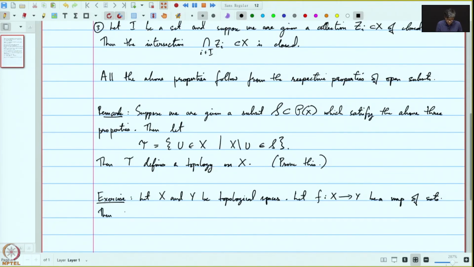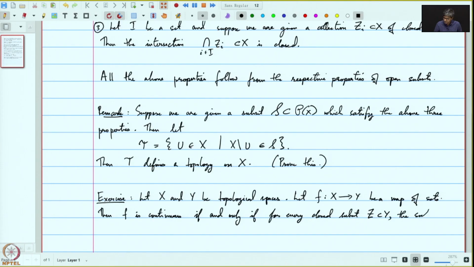So then F is continuous if and only if for every closed subset Z contained in Y, the subset F inverse Z, this is a subset of X, is a closed subset.